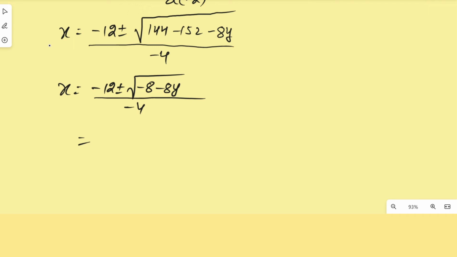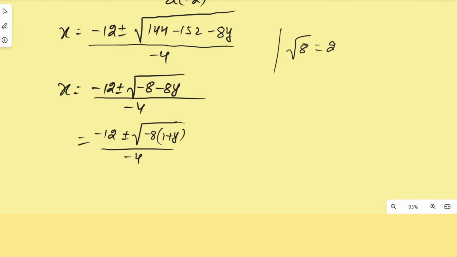So first of all we can write this as negative 8 times 1 plus y, and negative 4. So the negative cannot be brought outside of the square root, we know that, but from 8 we can bring 2 outside, because the square root of 8 is like 2 root 2.